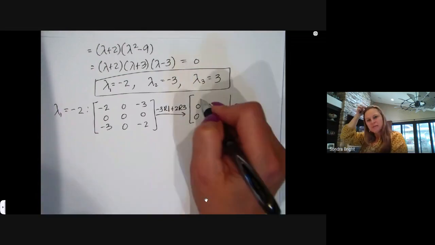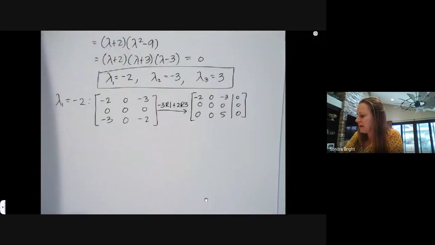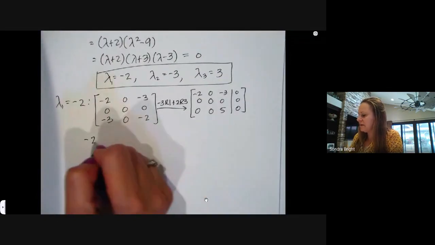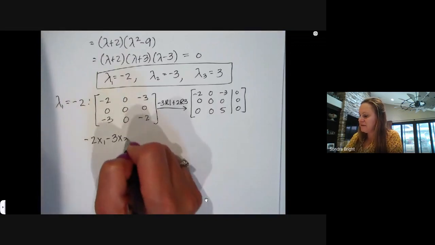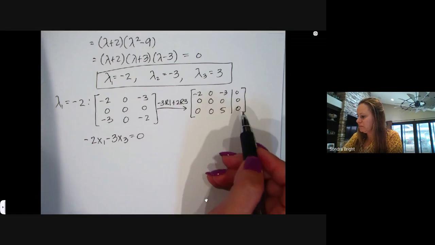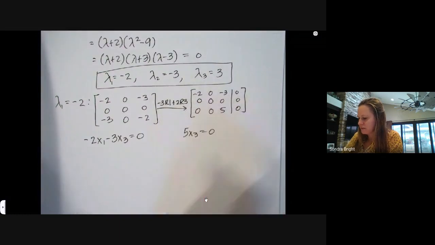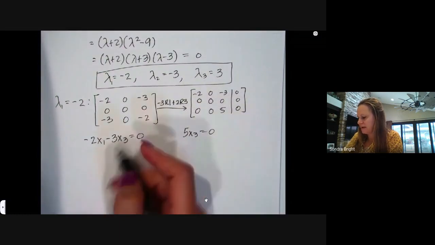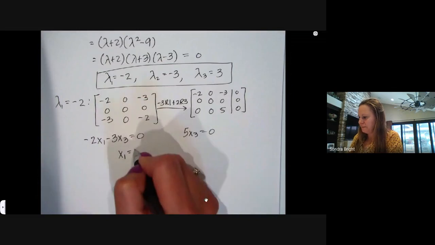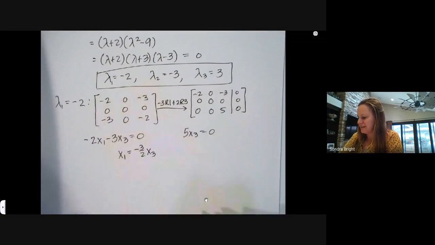Okay, so the first row gives me that negative 2x1 minus 3x3 is equal to 0. And the third row says 5x3 is equal to 0. So this one says x1 is equal to negative 3 halves times x3. And x3 is 0.